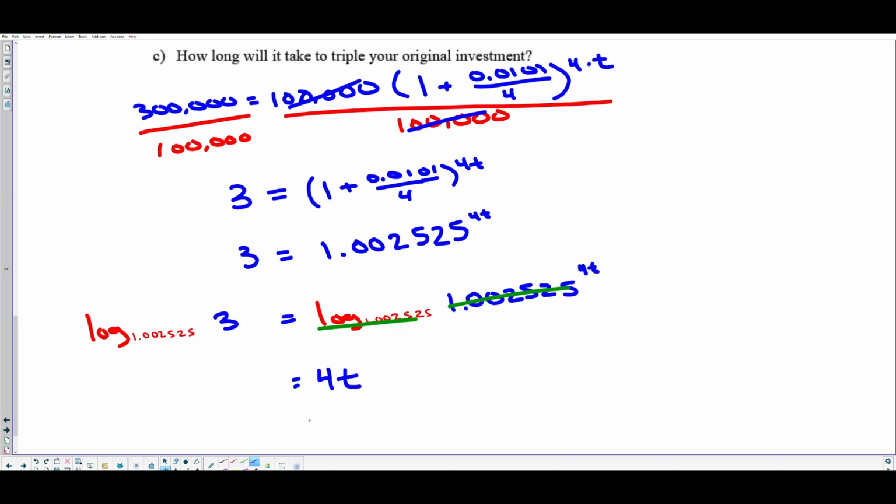4t. On the left-hand side, now we're going to have to do that on the calculator. So on the left-hand side, I'm going to put into my calculator log, which is base 10. So log base 10, or just log 3 divided by log 1.002525.